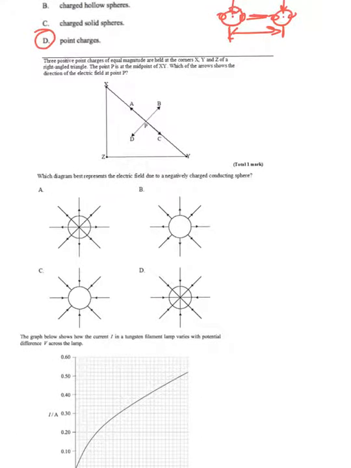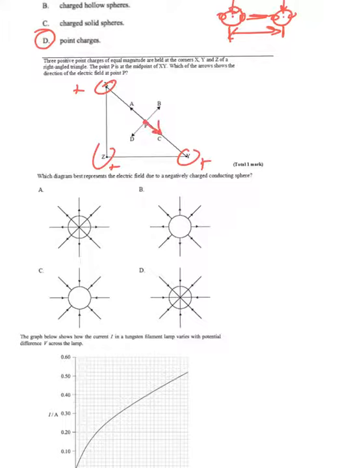We've got 3 positive charges here with equal magnitude at X, Y, and Z. So each of these are positive. Which of the arrows show the electric field at P? Remember, the electric field shows what would happen to a positive test charge if you placed it there. Well, if I put a positive charge here, it would receive a force from X pushing it away.